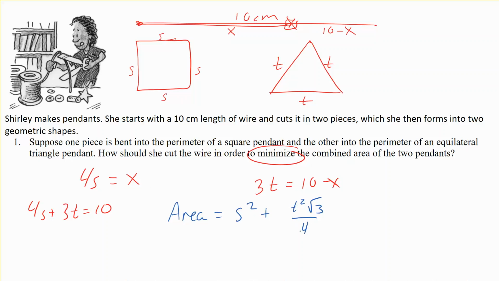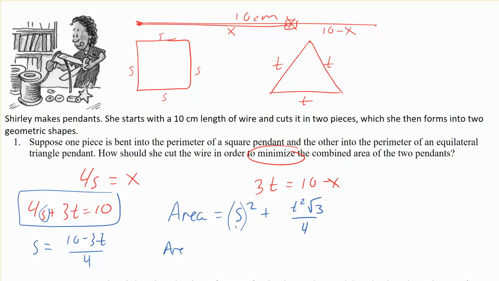So we're actually kind of close there. If I use this equation right here, I can solve for one of my sides. It might be easiest to solve for s and plug it in here. So let's go ahead and do that. s equals (10 minus 3t) over 4. So now I can put this in here, and then I've only got my one variable.